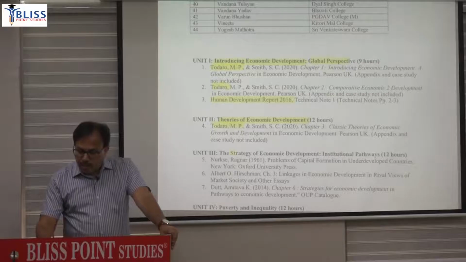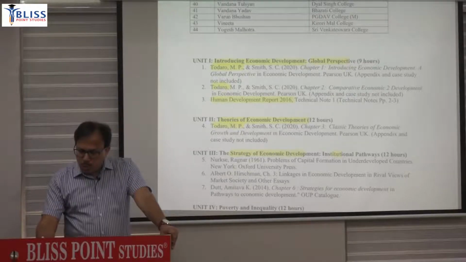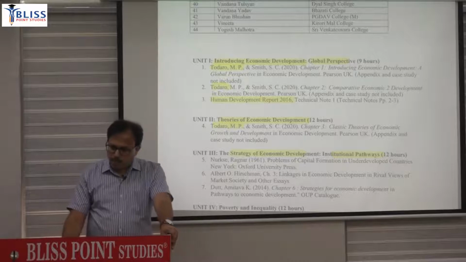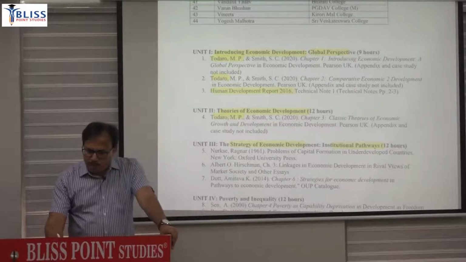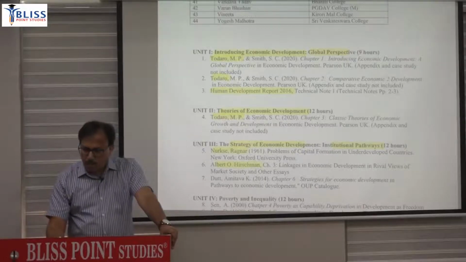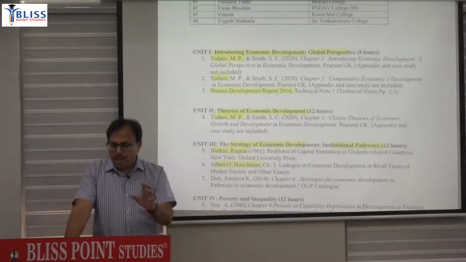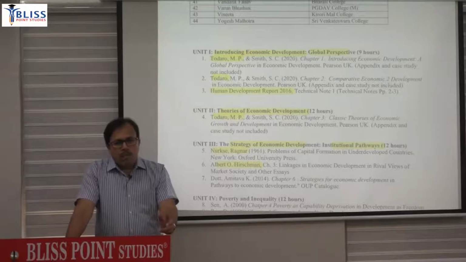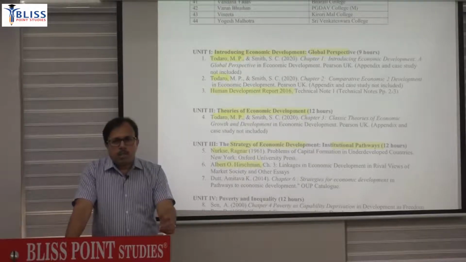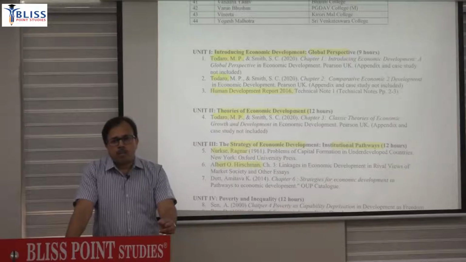The third unit is the strategy of economic development, institutional pathways, which will include basically the reference of Knox, then Hirschman. That is, what should be the strategy of development in the developing economies, whether we should go for the balanced approach or the unbalanced approach.